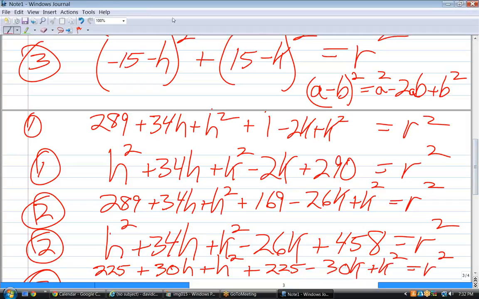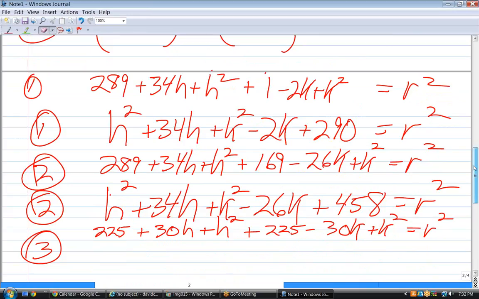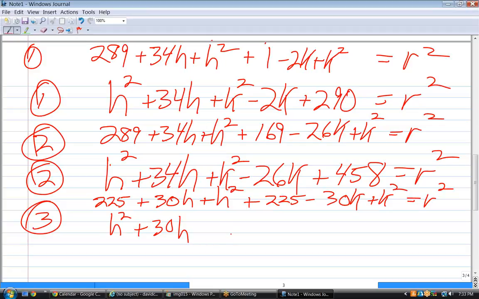Okay? Now, these are actually going to solve fairly easily. You'll see why. First of all, let's rewrite equation 3 as h squared plus 30h plus k squared minus 30k plus 450 equals r squared.